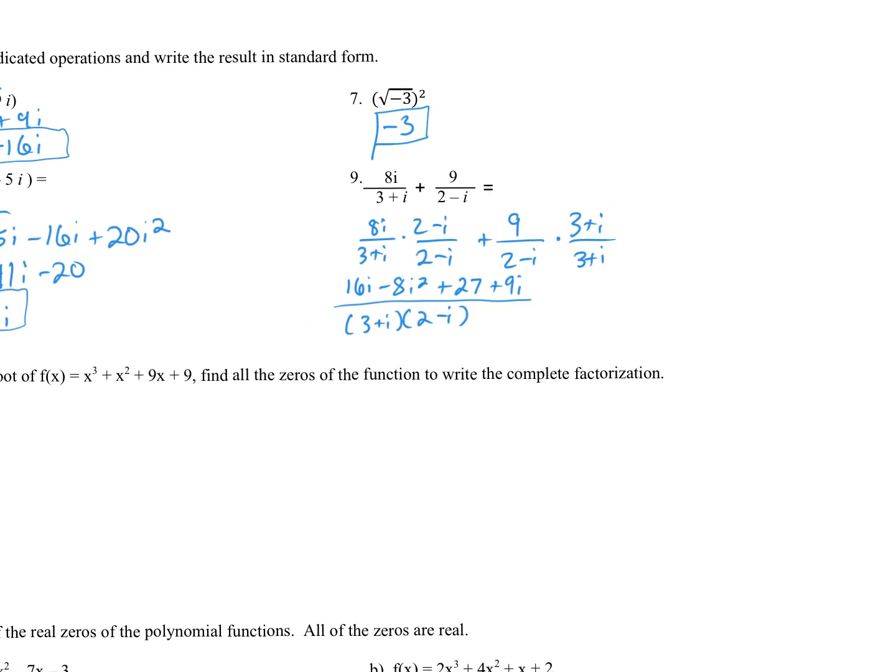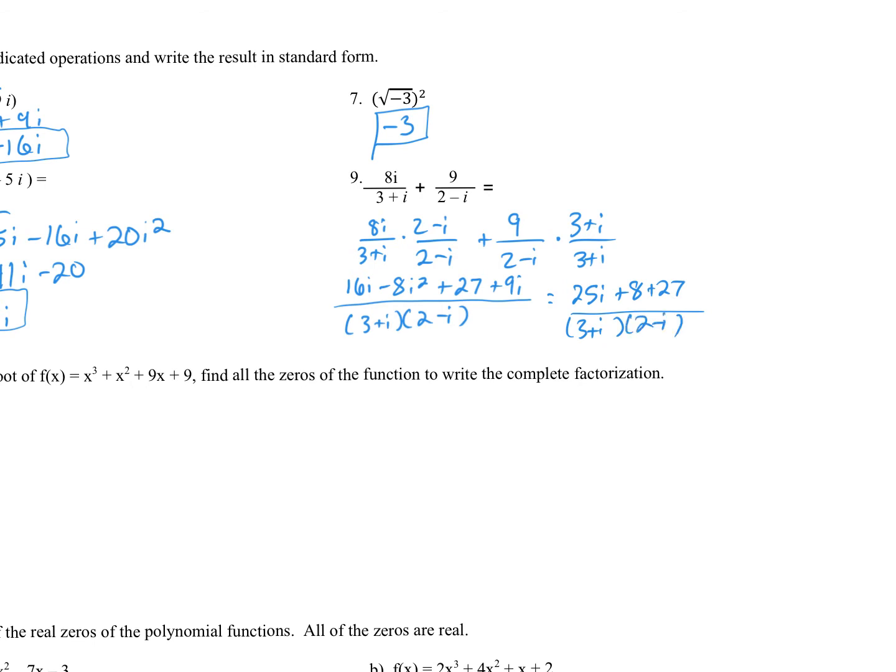No need to combine them. So then this is 16, combining like terms. 16 plus 9 is 25i, plus 8 plus 27, over 3 plus i and 2 minus i.